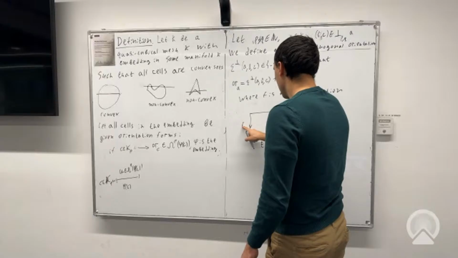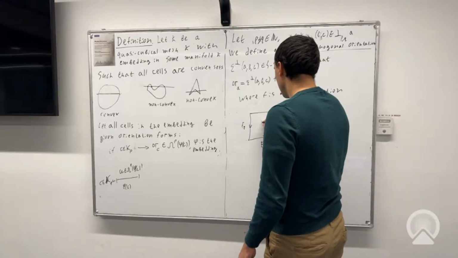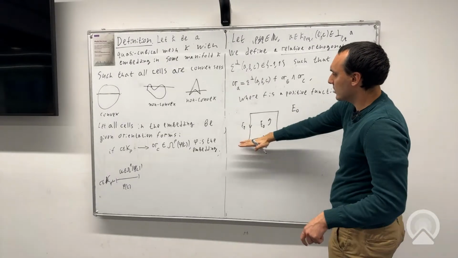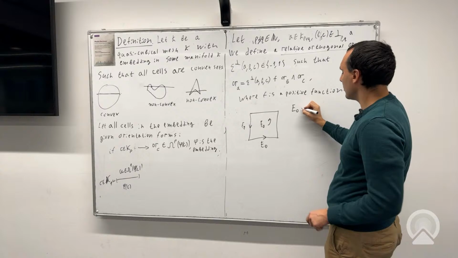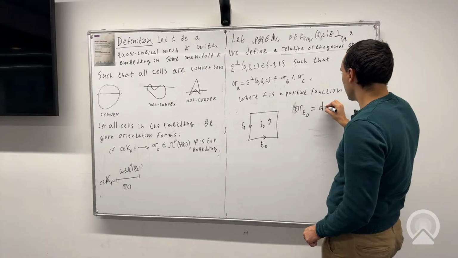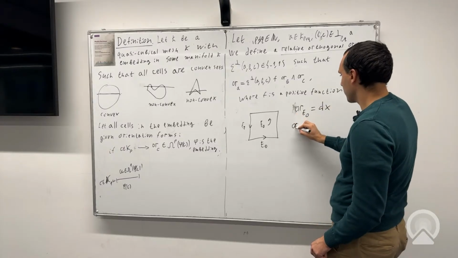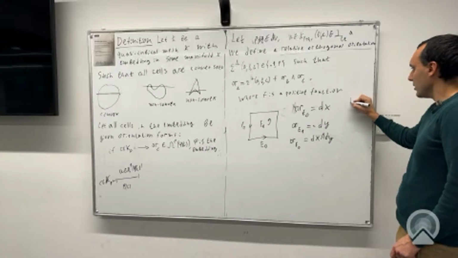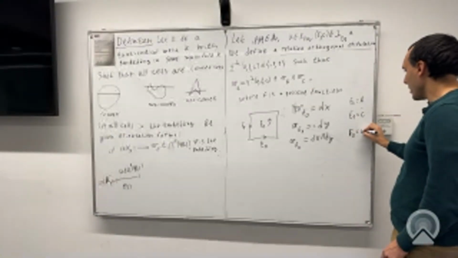0, this is A1, and this is F. Should be a form on this direction. So this is X direction, so I will call orientation of E0 to be dx. Orientation of E1, B, C, and F0.